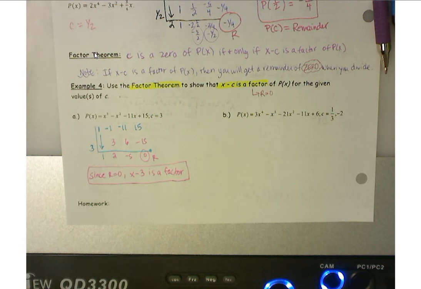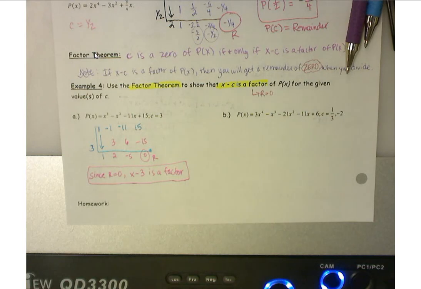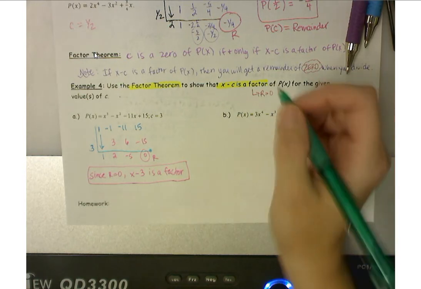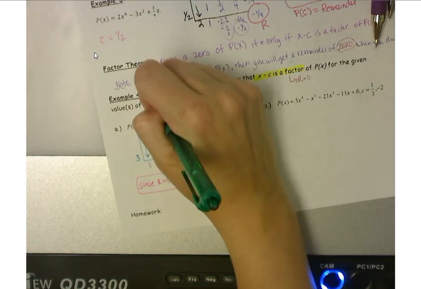For part B, you are given 2 c values. So we're going to do 2 separate synthetic divisions. And then we have to add another note in here. So whenever you're writing down your factors, you need to have integer coefficients. Okay, so we'll put a note here.